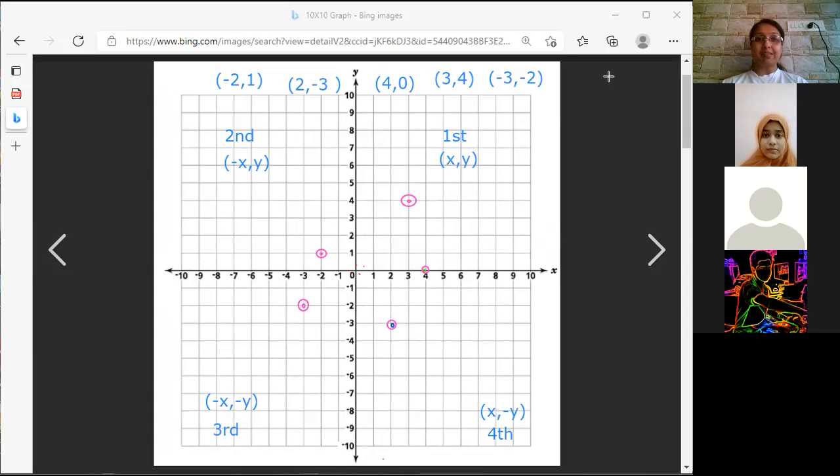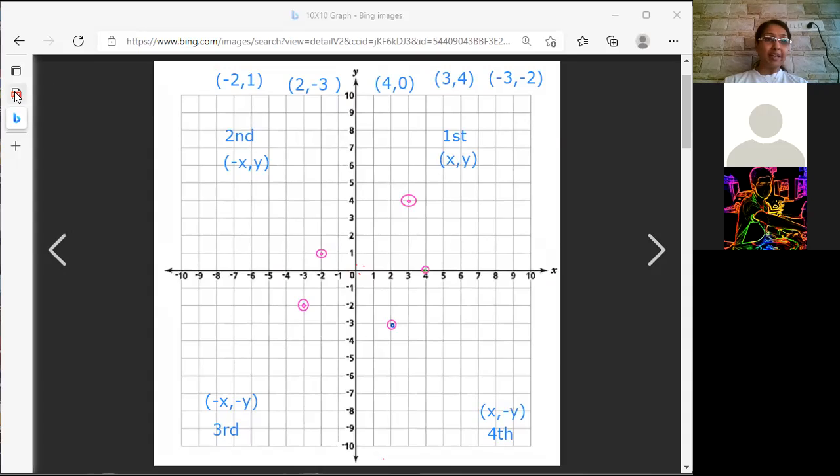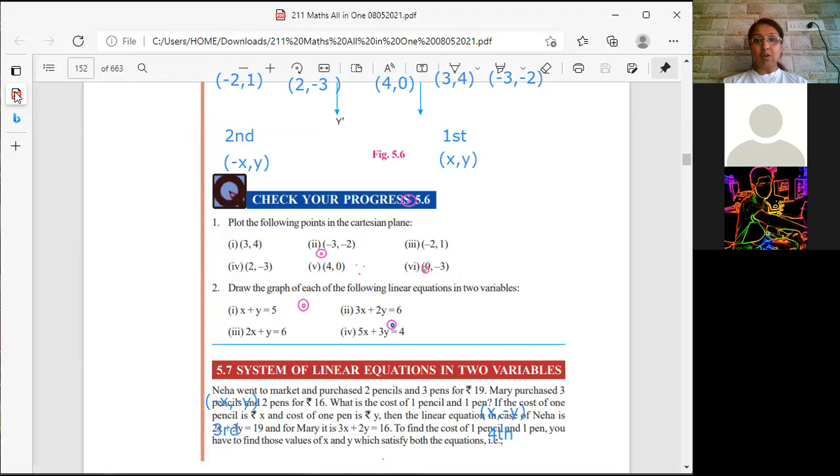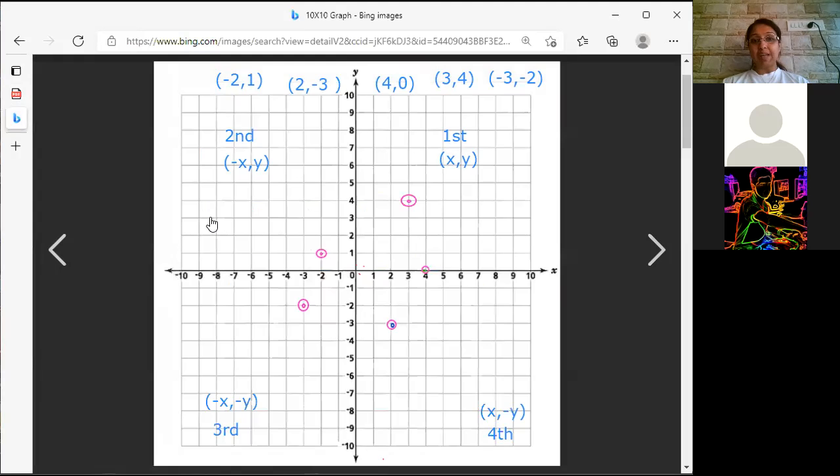Sufyan, what is the next point that I was talking about? 0 and minus 3, I think. Just let me check it once. It is 0 and minus 3. Sufyan, 0 and minus 3. Fourth quadrant.